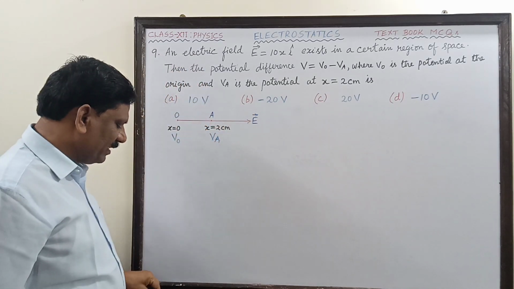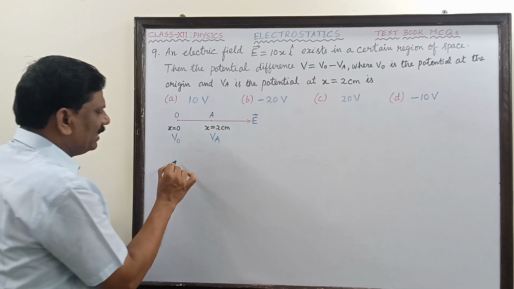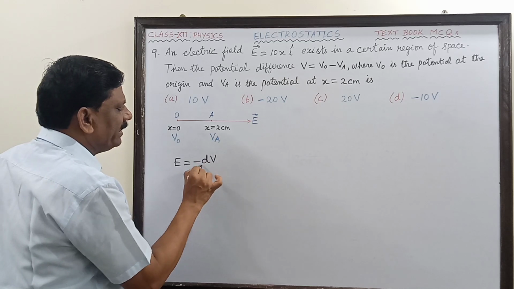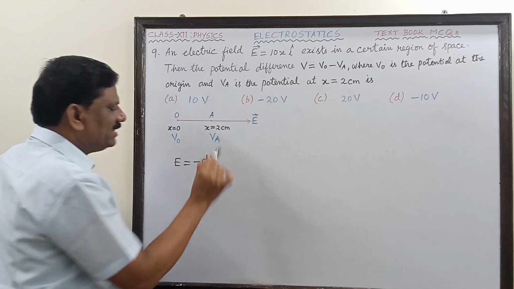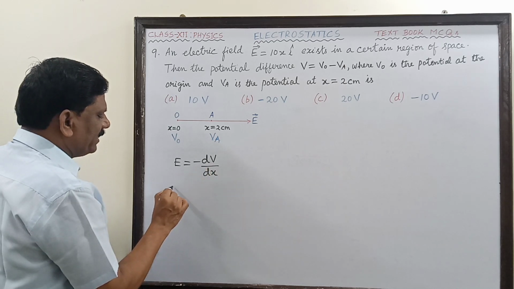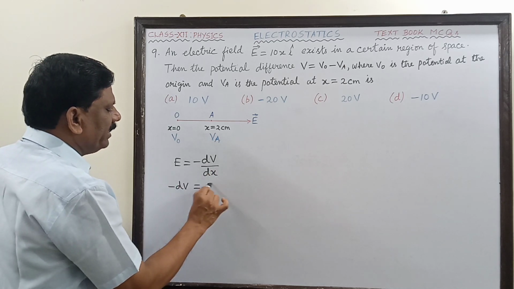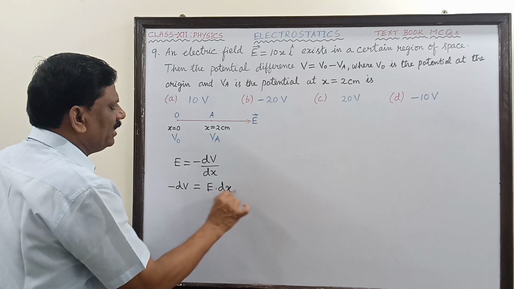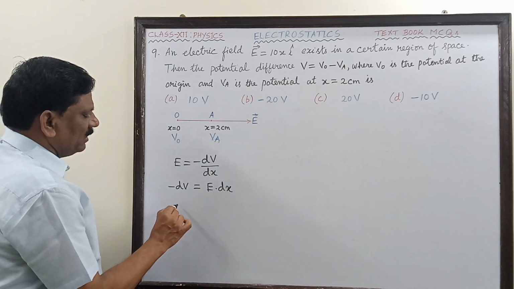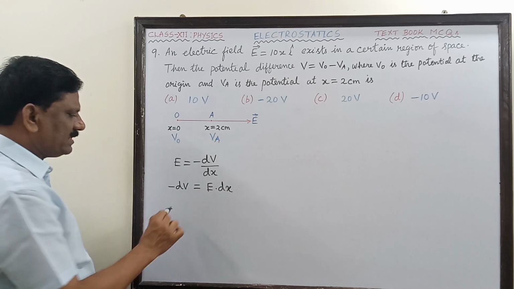Now we have studied that the electric field is also equal to the negative potential gradient, minus dV by dx. So I will take minus dV equal to E dot dx. Now I am going to integrate on both sides.